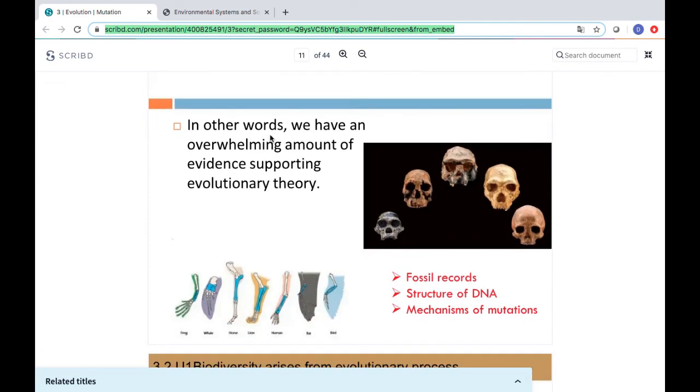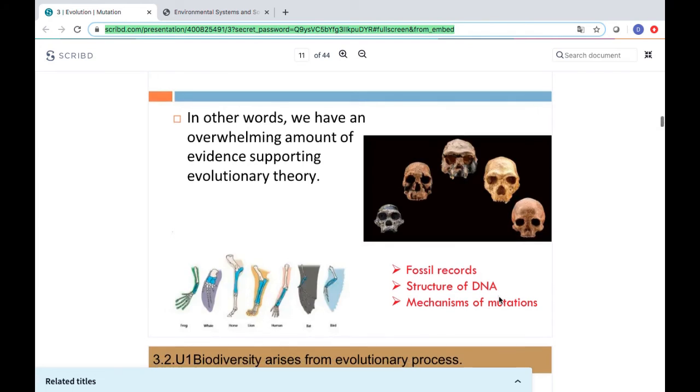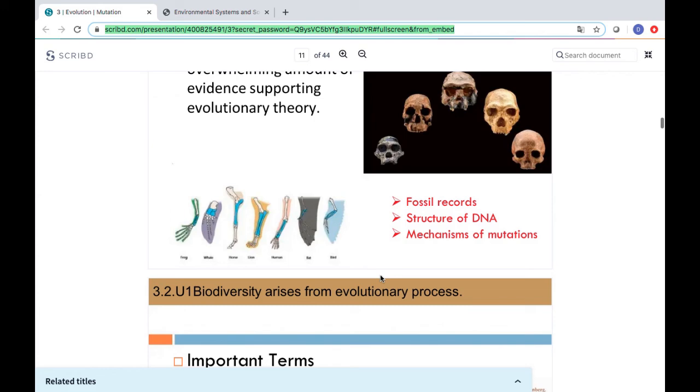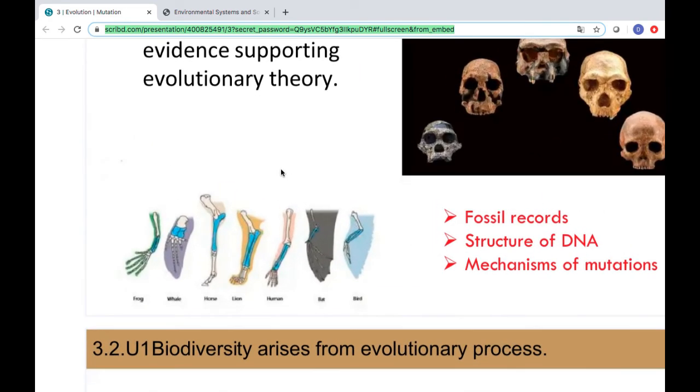In other words, we have an overwhelming amount of evidence supporting evolutionary theory. Which are those evidences that we have? Fossil records, structure of DNA, how DNA has been changing in the different ages, mechanisms of mutations, and also homologous and analogous structures that we have in common with some of the animals.